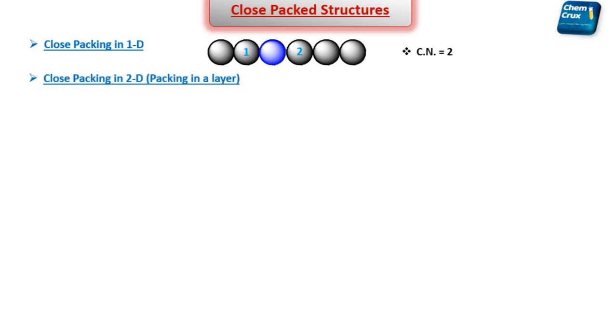Next is close packing in 2D, that is packing in a layer. This can be done in two ways, square close packing and hexagonal close packing. So first we have square close packing. Now again we will arrange the spheres in a row just as in 1D.